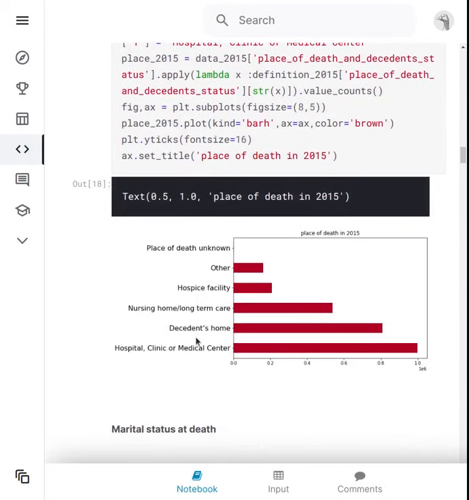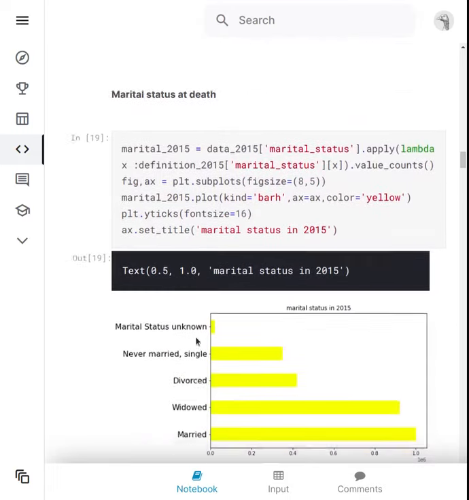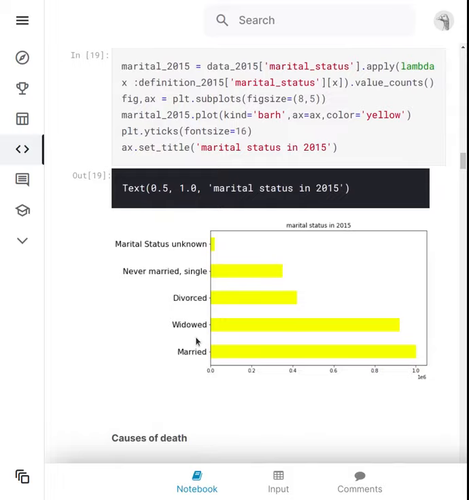After visualizing the place of death, we found that hospitals, clinics, or medical centers are the places where the most deaths took place. In marital status, the maximum number of people who died were married.